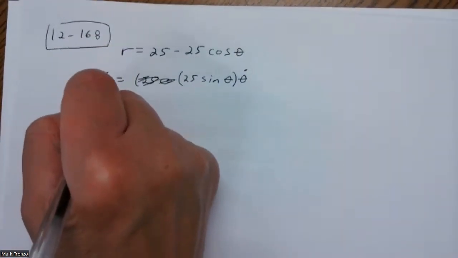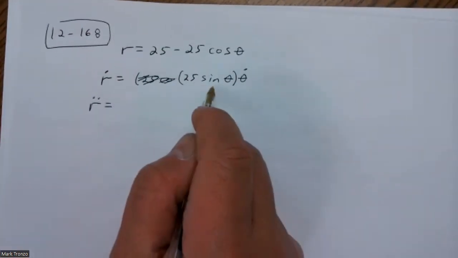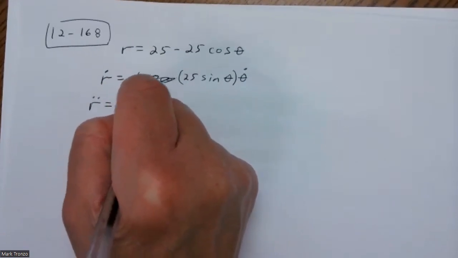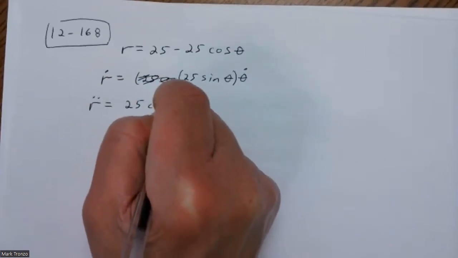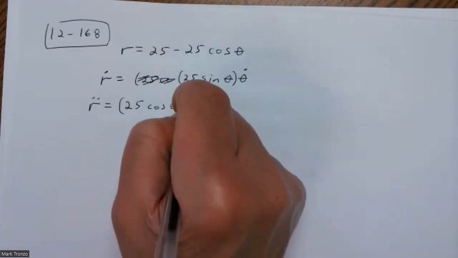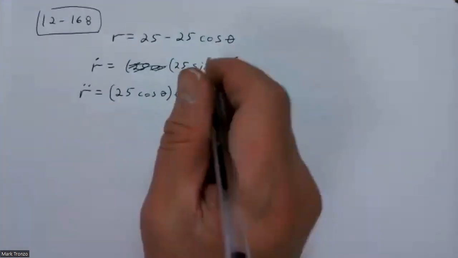Then the second derivative will be the derivative of the first. And then we have to do the chain rule for that. So this is the derivative of the first right here.